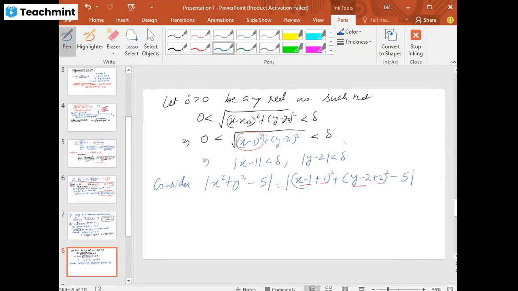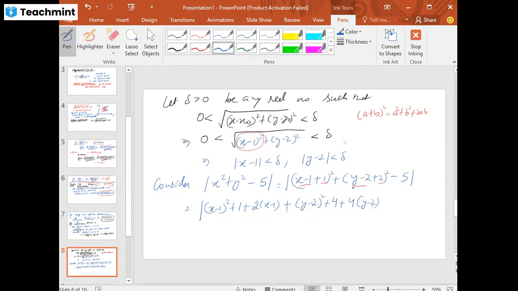If we use this identity, it will give us x minus 1 whole square plus 1 plus 2 times x minus 1, using the identity a plus b whole square as a square plus b square plus 2ab. This is the first part, and similarly here also we are using the same identity: y minus 2 square plus 2 square, that is 4, plus 4 times y minus 2.